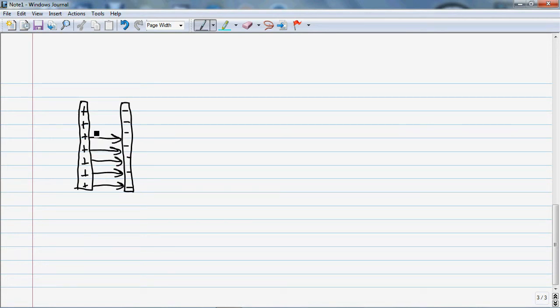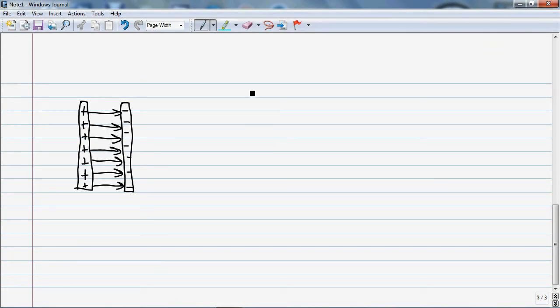Because remember, field lines are proportional to the charge size. So I can only get so many negative charges to match up with the positive charges on the plates.